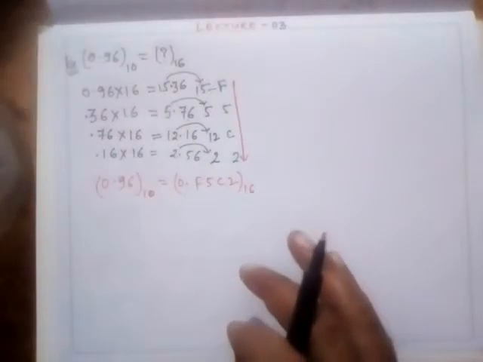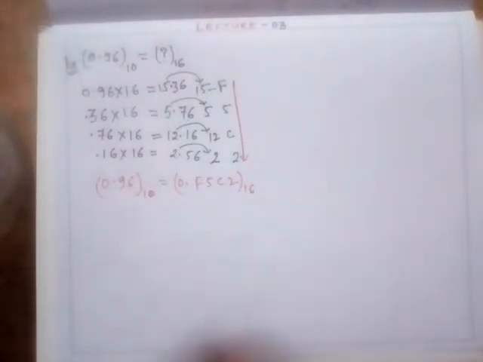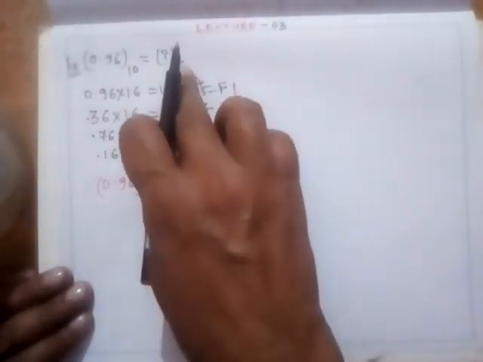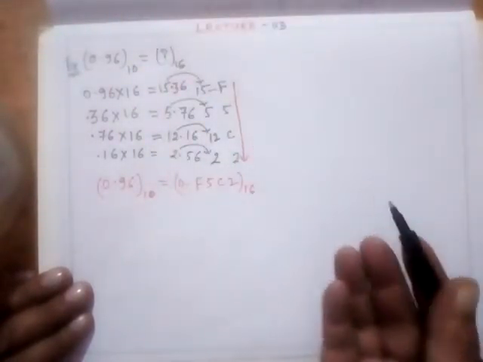So in order to convert the integer part, you go by successive division, and to convert the fractional part, you go by successive multiplication by the particular base asked. Let's take a last problem, where you'll have an integer as well as a fractional part.